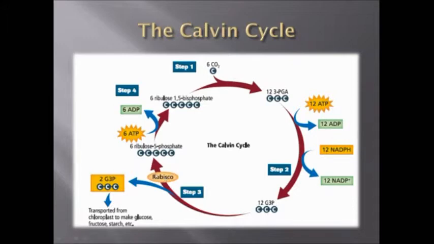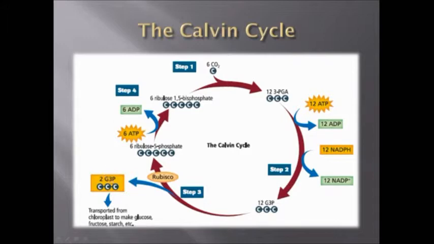That enzyme Rubisco is going to turn these molecules, with the help of 6 ATP, into 6 ribulose bisphosphate, these 5 carbon molecules. It'll then take another carbon and then repeat the process.